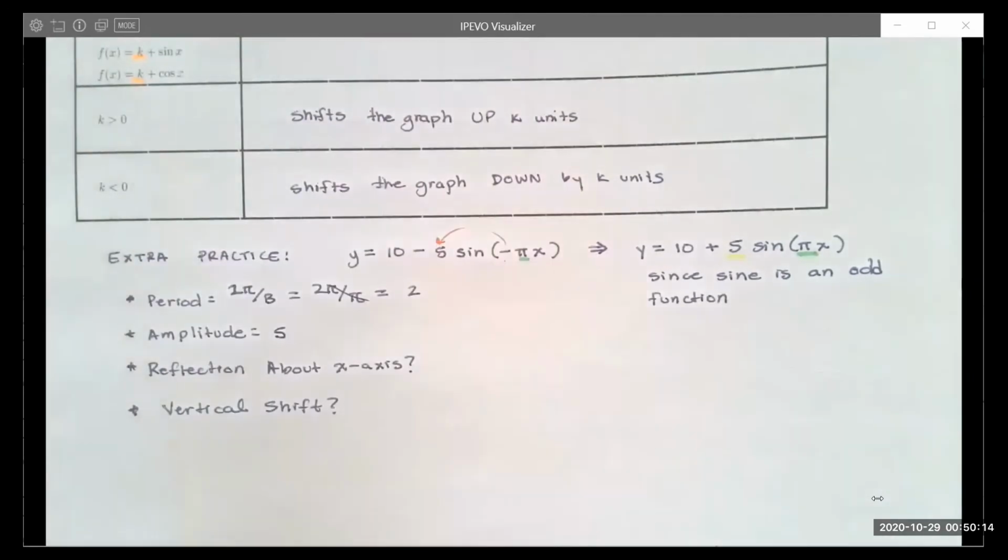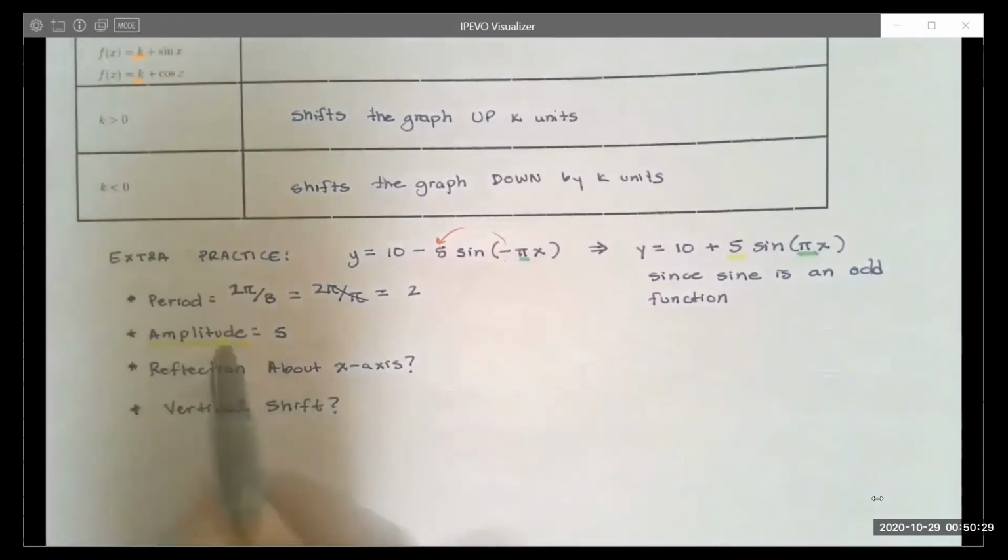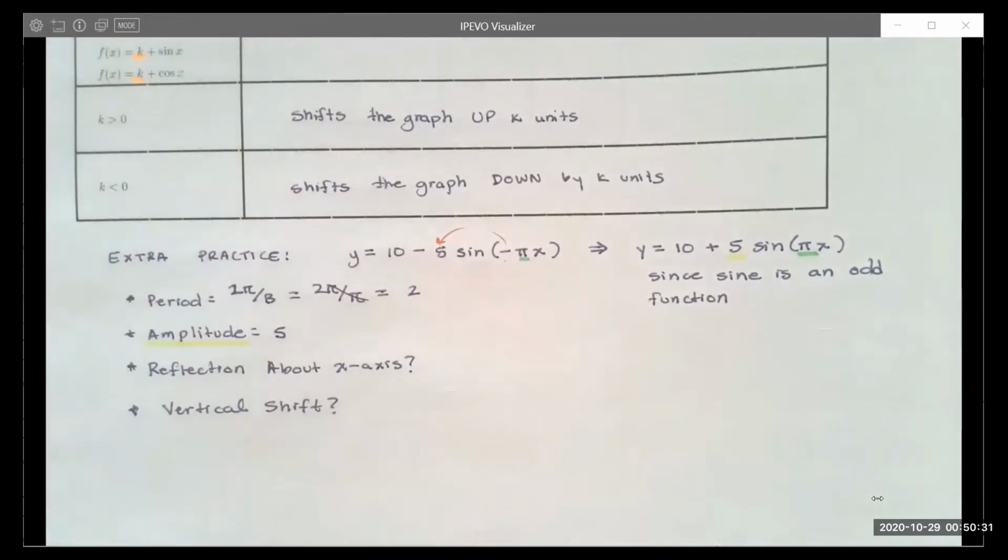Very nice. Is there a reflection about the x-axis? No, good. There's not a reflection about the x-axis, and why not?